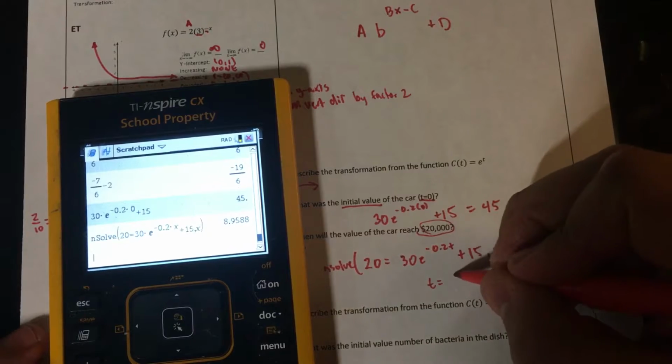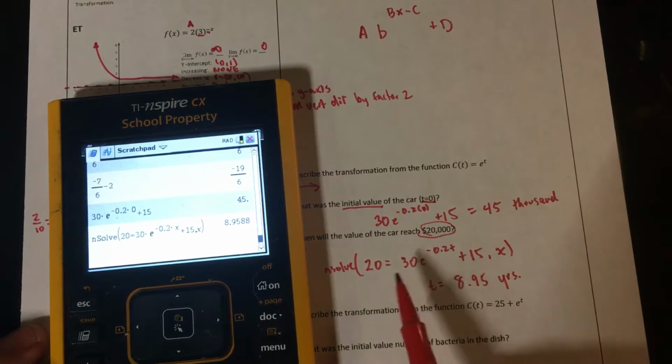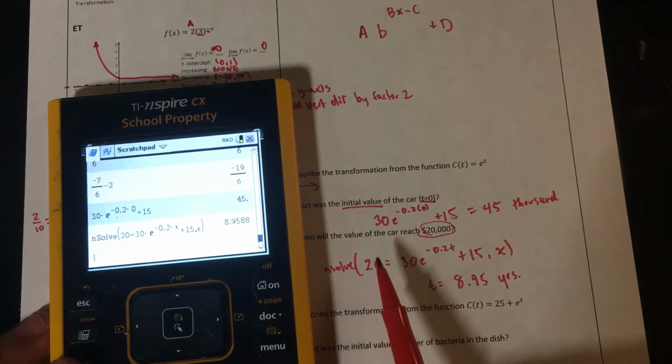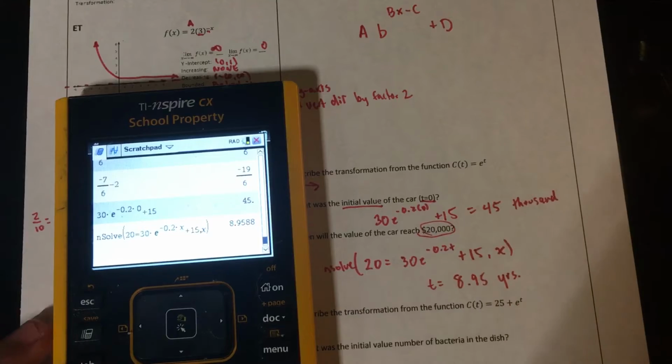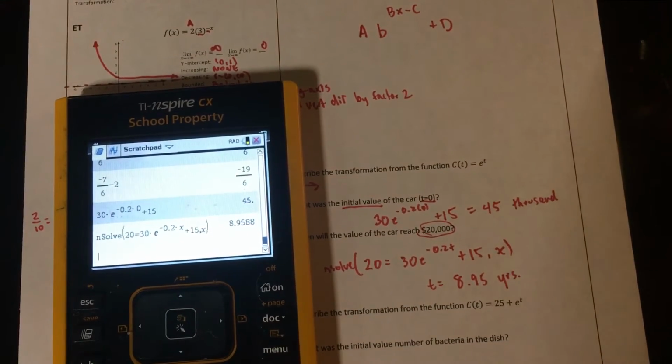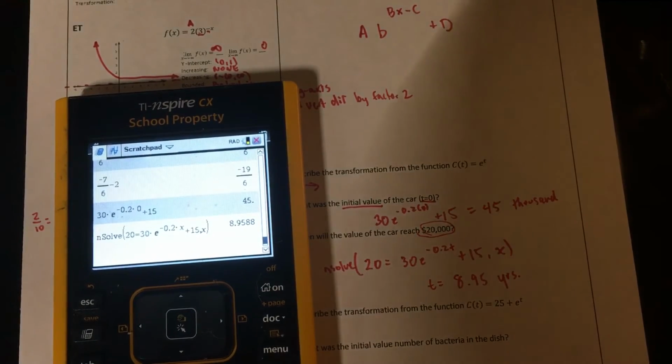It'll take 8.95 years for the value of the car to reach 20,000, which, for a real car, 9 years from the time you bought it to reach a $20,000 price is pretty good.